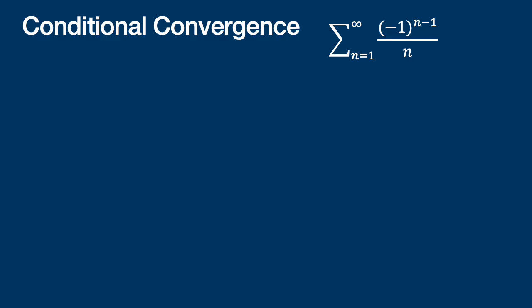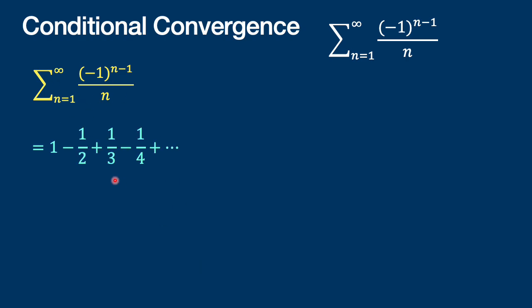Let's have a different example. We're going to say conditional convergence this time. Look at this alternating series. Now I have an alternating series, expand the sigma. That's going to be 1 minus 1/2 plus 1/3 minus 1/4 plus. Now you drop the alternating sign, make these terms positive.